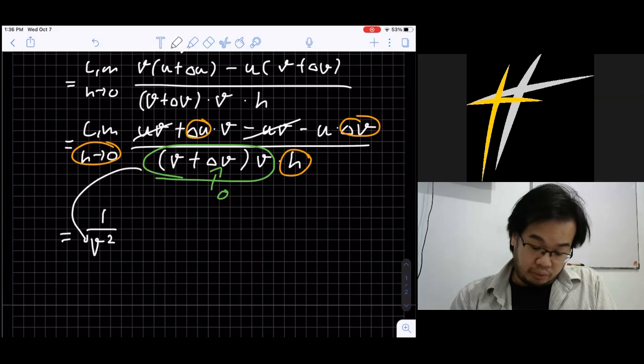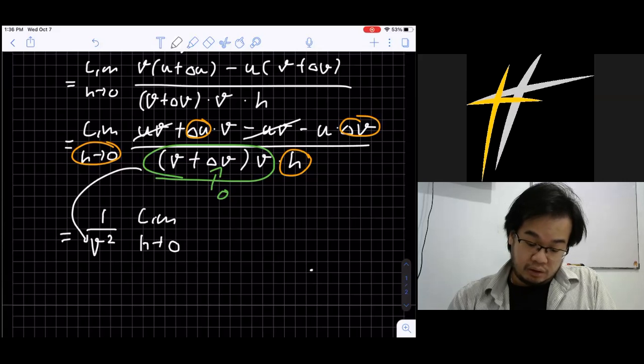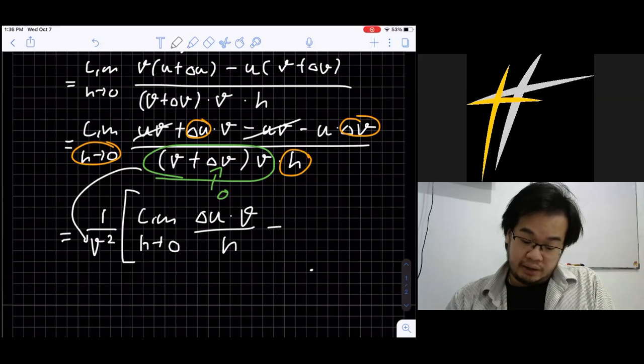And then what we will have is the limit as h approaches 0. I will split it like yesterday. So u times delta v over h, minus the limit as h approaches 0 of u times delta v over h.